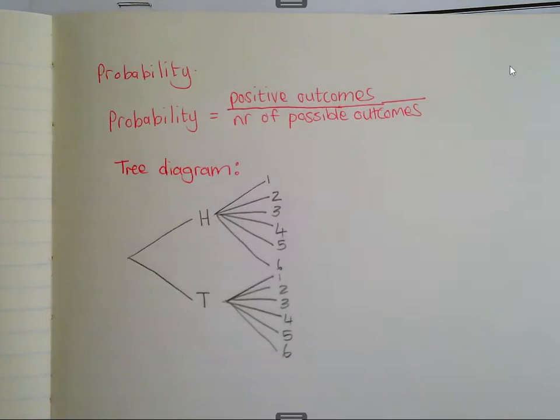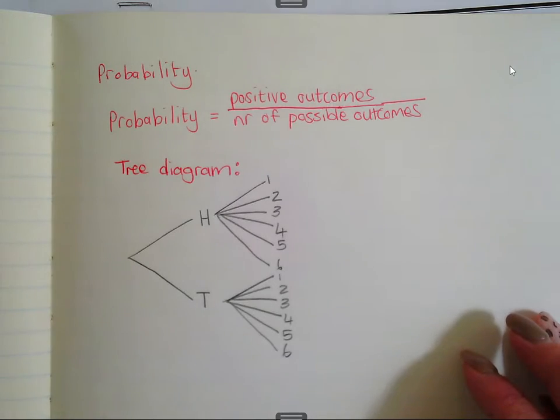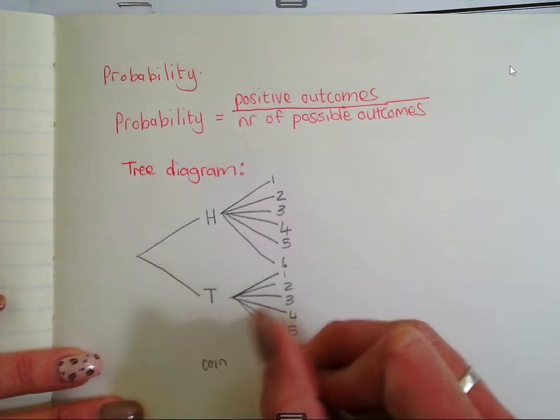So just take note of that. Whenever they give you a question in a question paper that's about a die, they will refer to it correctly as a die. Okay, dice is 2. Okay, so this is a coin and this is a die.